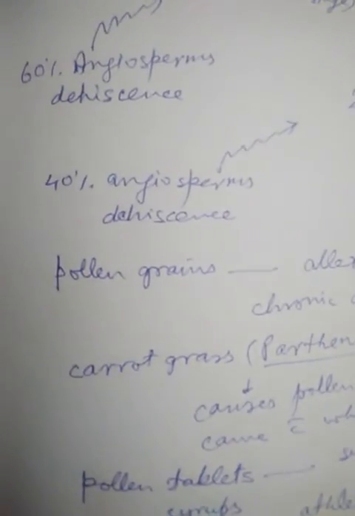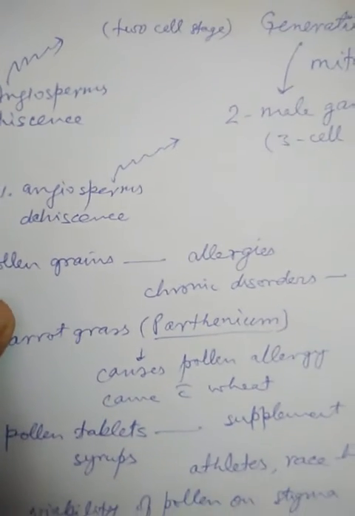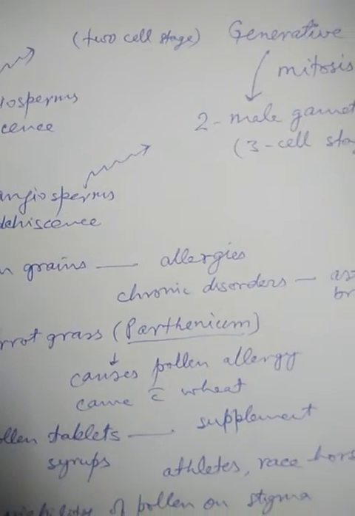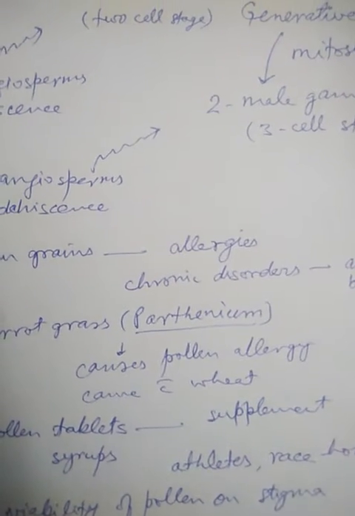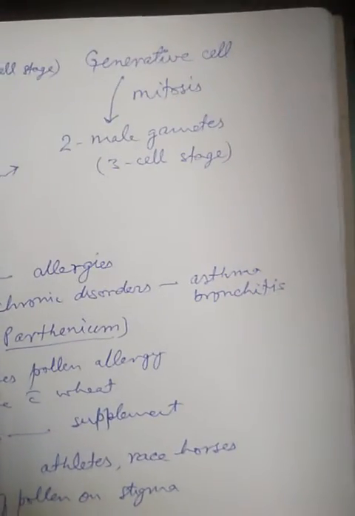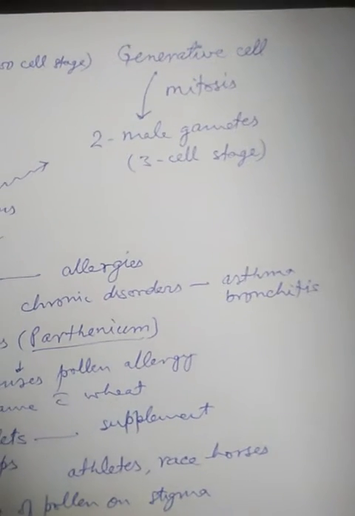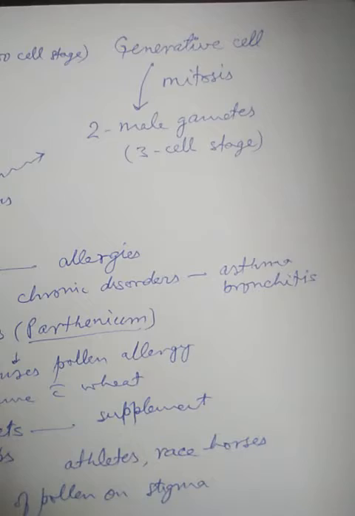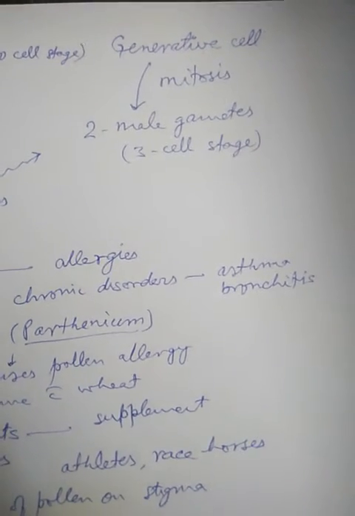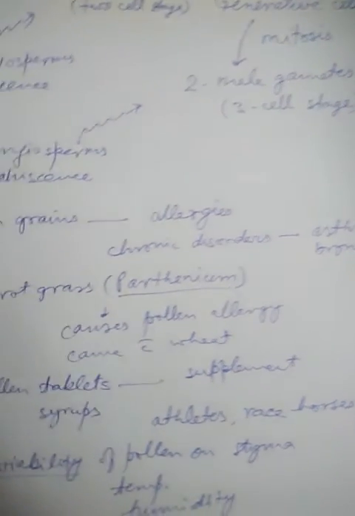So pollen grains are very notorious for causing allergies, and by persistent irritation of our system they can cause chronic disorders like asthma or bronchitis. Okay, so pollen grains can cause many respiratory diseases.